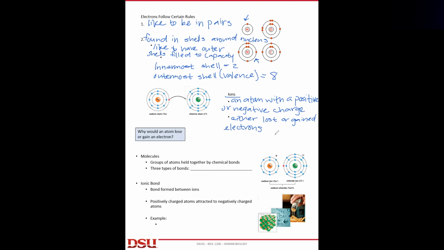I know that it's common to think about atoms having a charge because it's either gained or lost a proton. So if I look at sodium, it has an atomic number of 11, right?